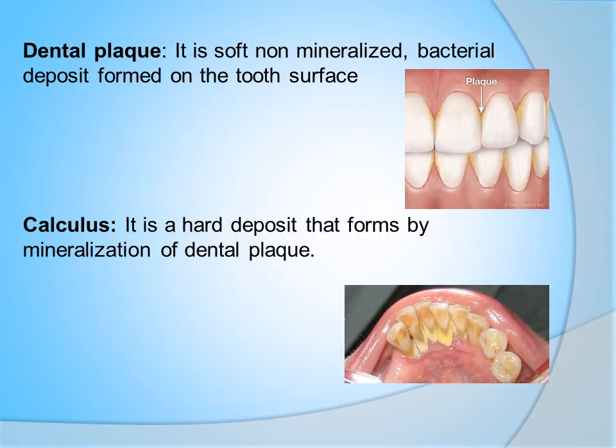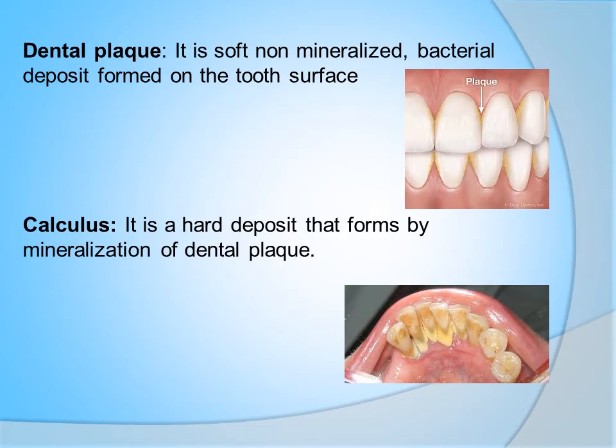Dental plaque is very common, by the way. It is a soft, non-mineralized bacterial deposit formed on the tooth surface. All of you have seen plaque at some point, a yellowish deposit that can be removed by the probe from the tooth surface.